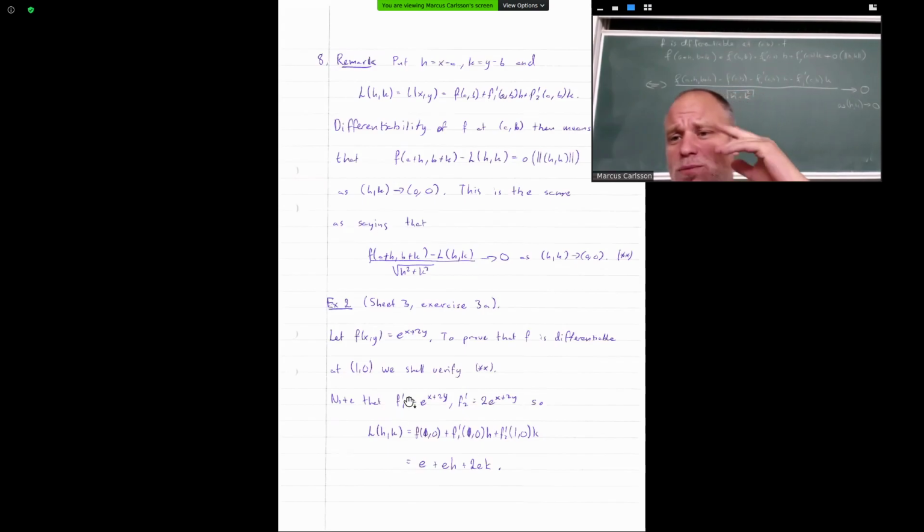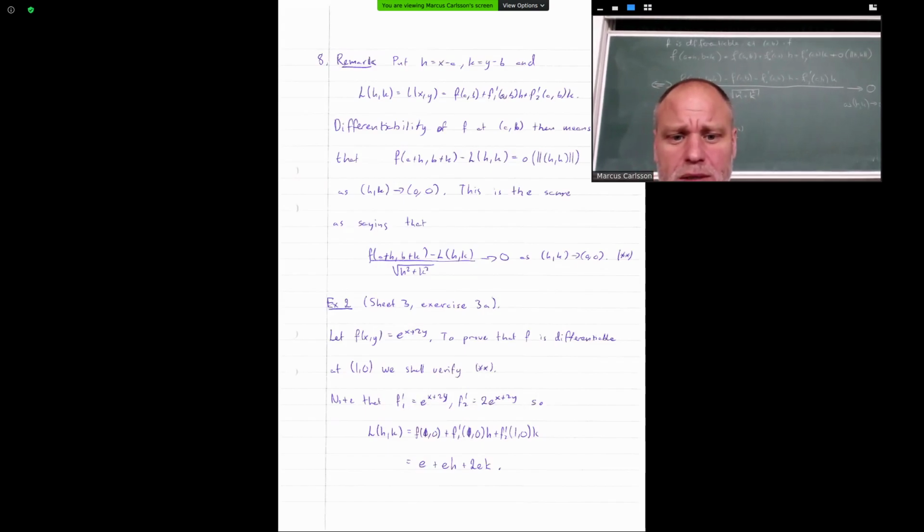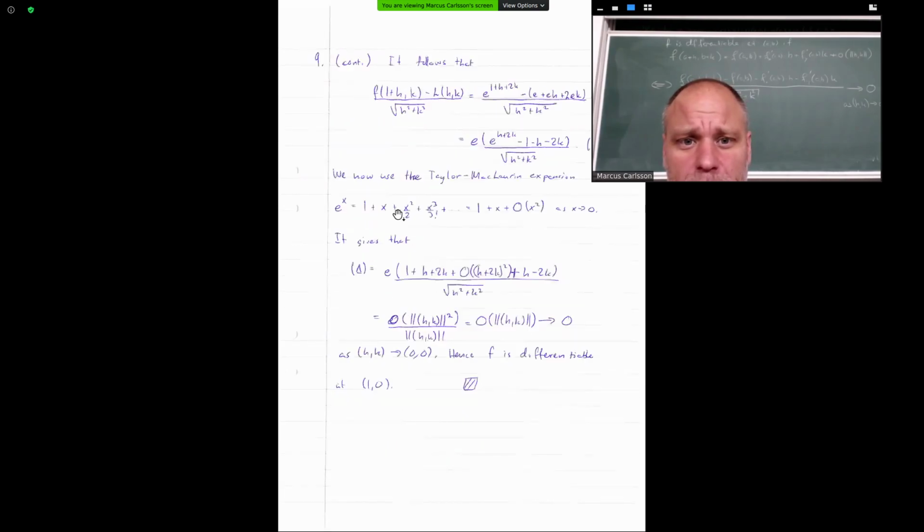A real benefit with holding lectures like this, where I can flip between the blackboard and the lecture notes, is that I can spend much more time discussing interesting things and less time going through tedious details. So I will not go through this example. It works with the exponential function, at some point does a Taylor expansion of it, yada yada yada, and after a while comes to a conclusion.